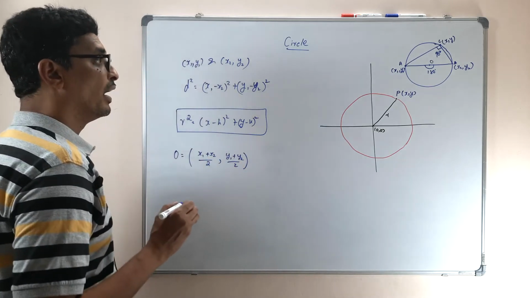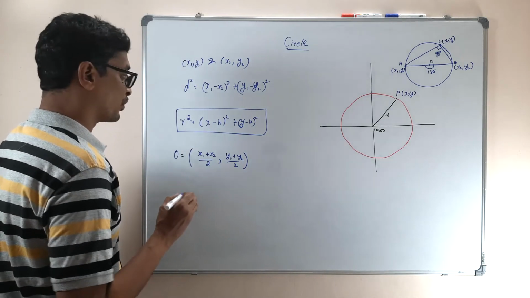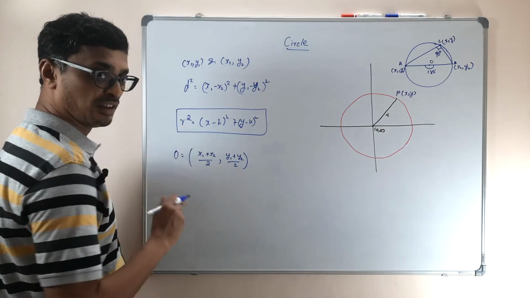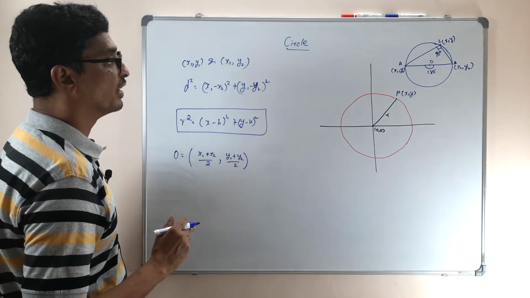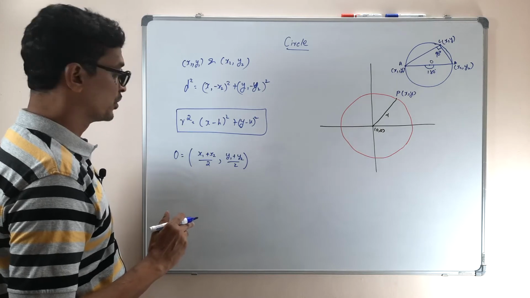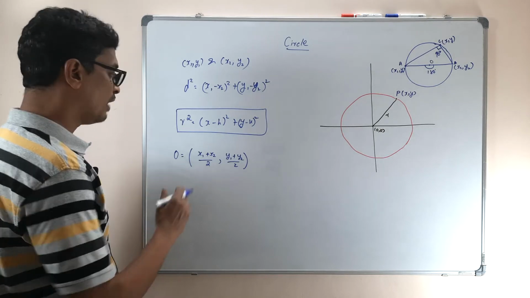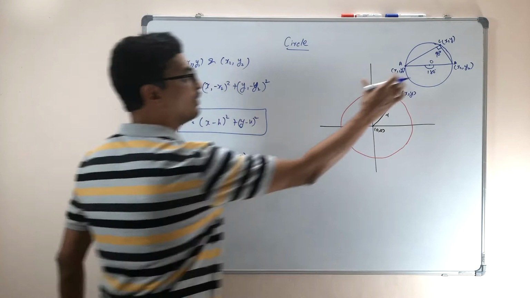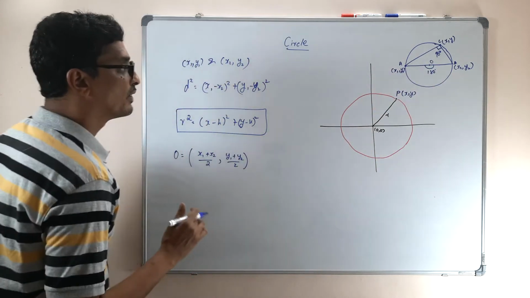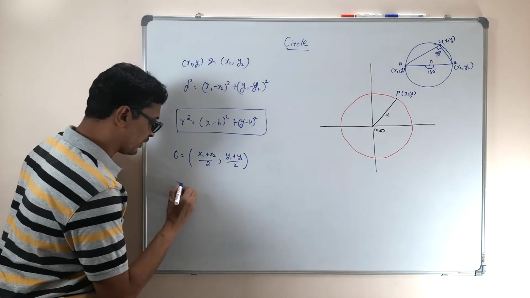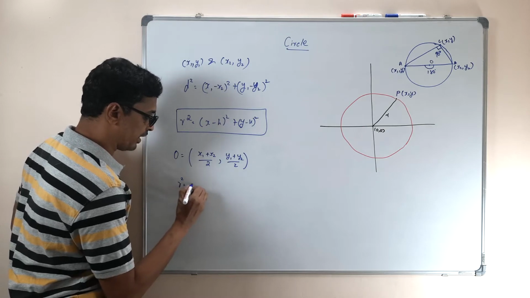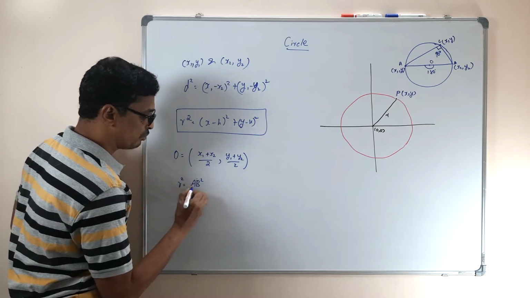And not just that, we need a radius also, right? The radius formula. We have to find AO, which is half of AB. So radius squared, let me write, equals AB squared by 4.